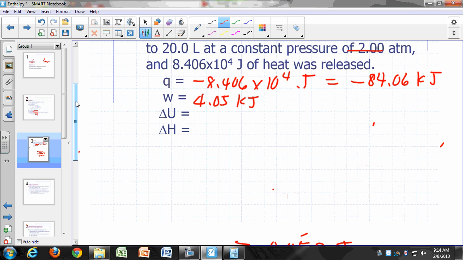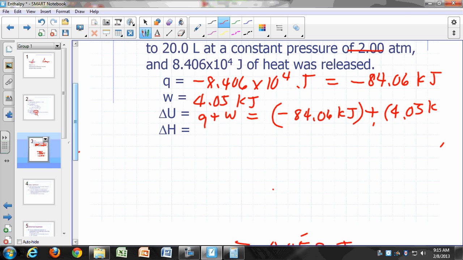First law: Q plus W, right? So our Q is negative 84.06 kilojoules plus our W is 4.05 kilojoules. And that gives you negative 80.0 kilojoules.